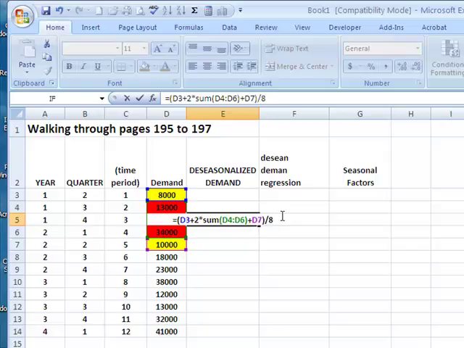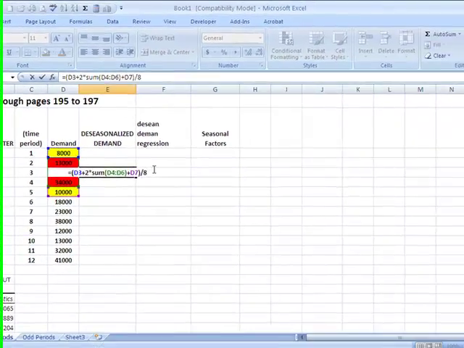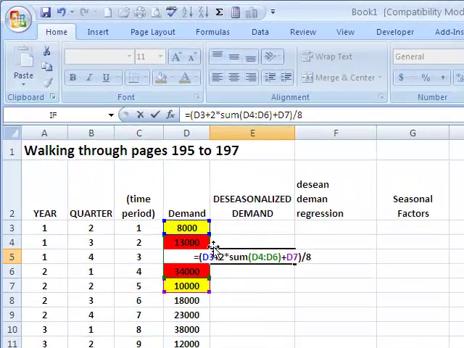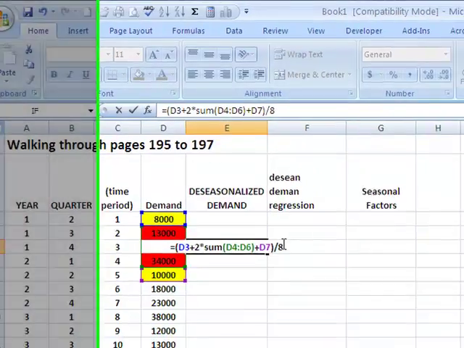Essentially, I'm calculating a weighted mean or a weighted average. So using this method, the number that you divide by, which in this case is 8, is always going to be twice the number of even number of periods that you have. In this case, we had 4 periods, so 2 times 4 is 8.